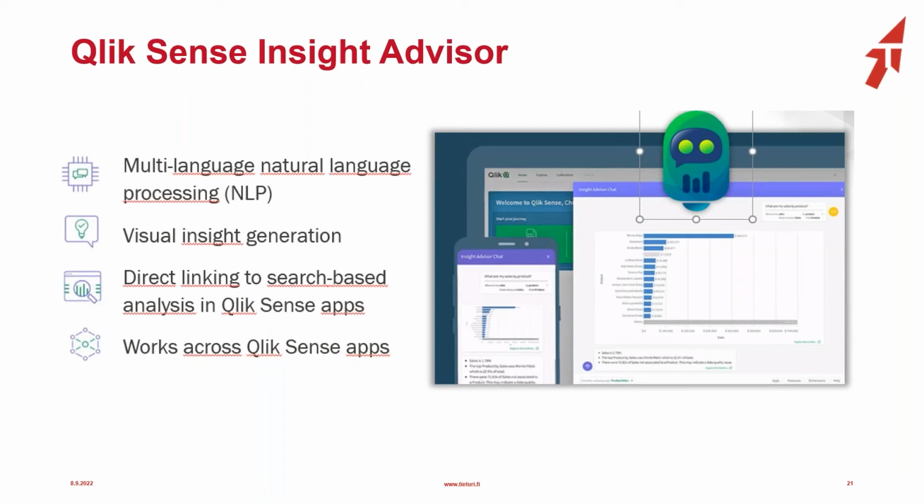So by asking questions like, what's my sales today? Show me the top products through the year, or whatever. Meaning that you don't necessarily need to go into the application itself, but can start asking those questions from the hub or from mobile devices, whatever.